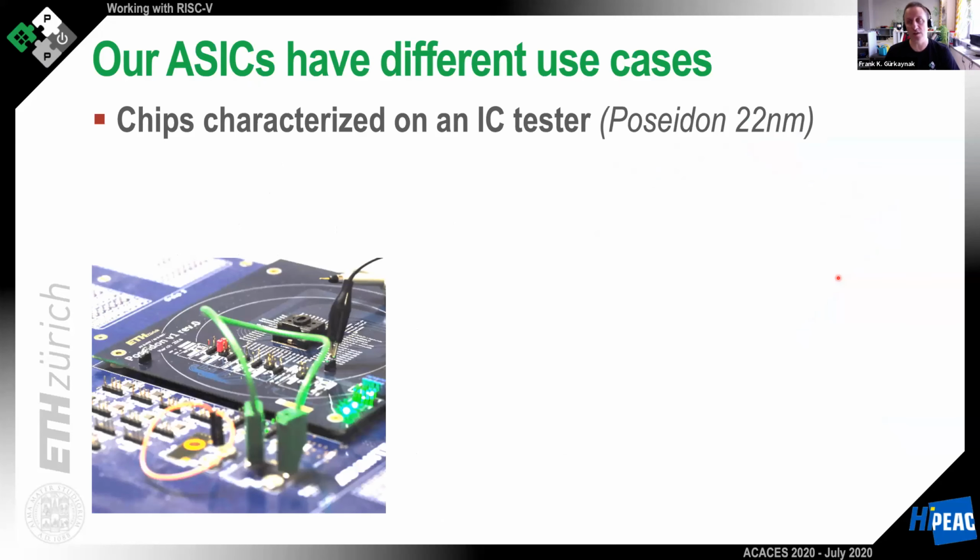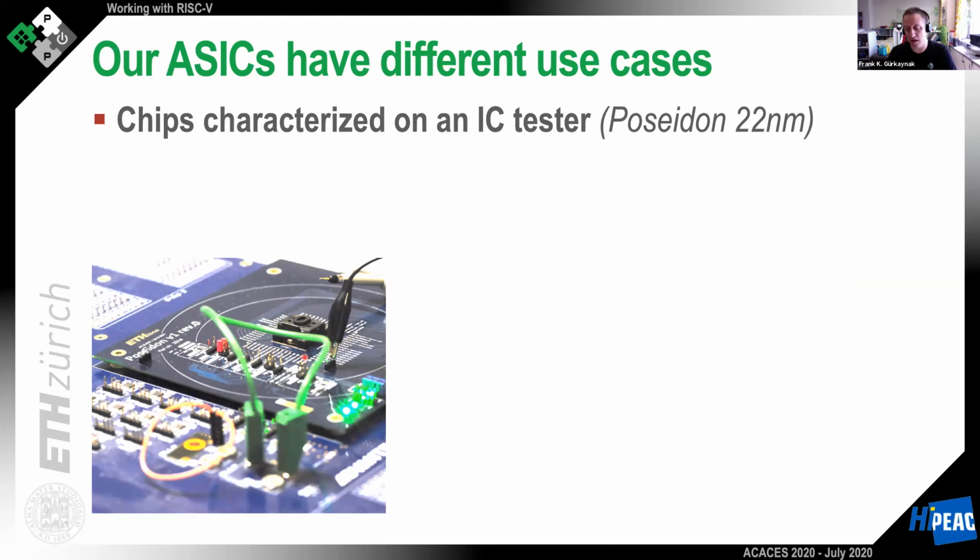What are our purposes? A couple of the chips we design are from the beginning very clear that they will land on an IC tester. So you see here, this is a complicated device, cost a few $1 million. You plug your chip in an environment that is able to send data, receive data, measure performance, change the frequency, temperature, and everything associated with the chip that allows you to make a characterization and understand how the chip works, what is its performance.